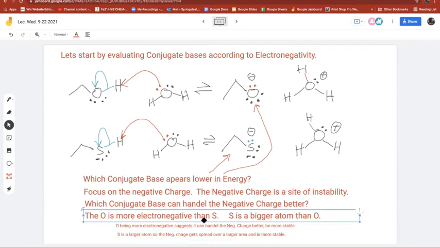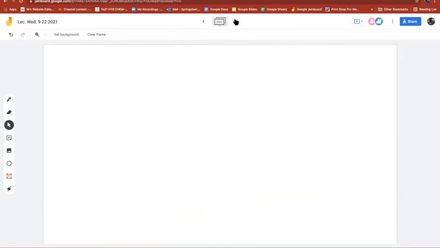So anyway, it turns out size is more important. Let me go to the next panel now.